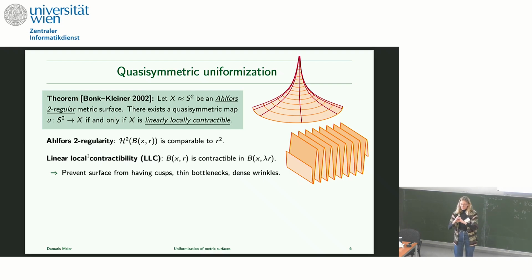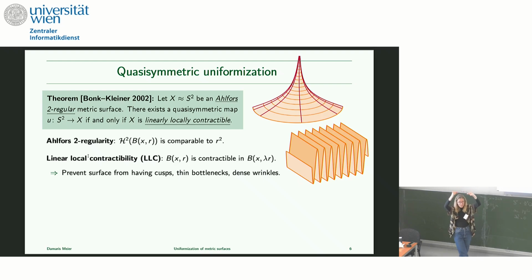So that's the first condition, and linear local contractibility is defined by saying that small enough balls are contractible in a scaled ball around the same point with a uniform constant. So I have a ball of radius small r around x, and I can contract it in the ball of radius lambda times r around x. And maybe to see that second condition, it prevents surfaces from having cusps, for example, infinite cusps, because we can choose a radius r as small as we want, and if we go high up in the cusp, we pick a point, and then the metric ball around this point is actually a topological annulus.